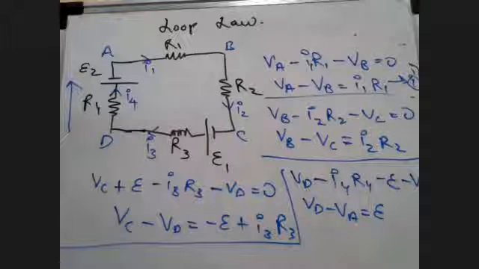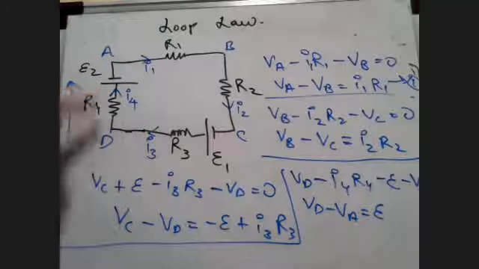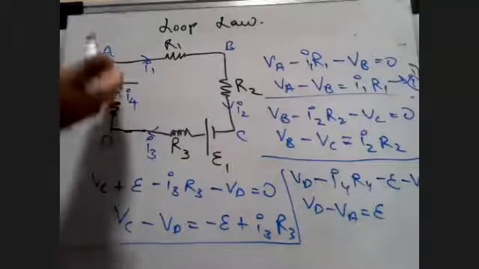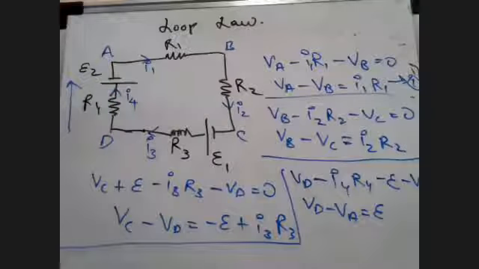Sir, but in actual, the current is taken from positive to negative, right? Yes, you can take it anyhow. Not a problem, provided your potential difference across the resistor and the battery is in the proper sign.